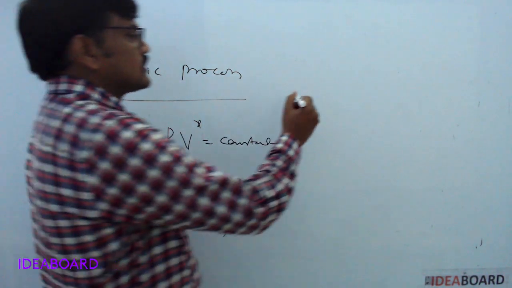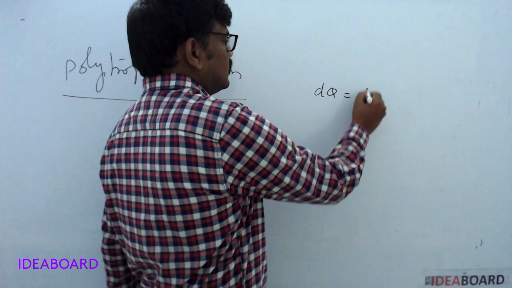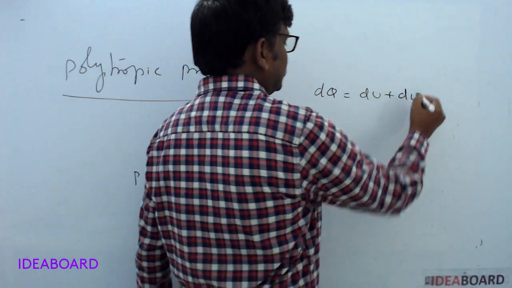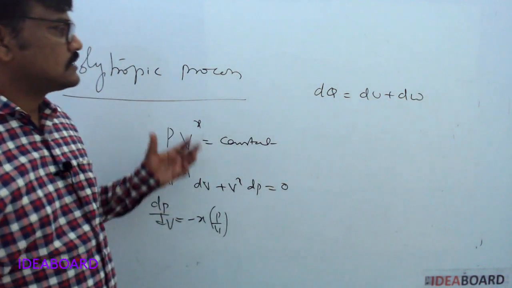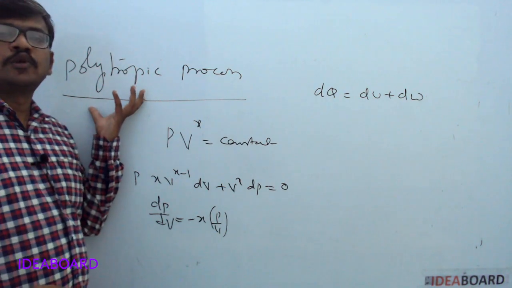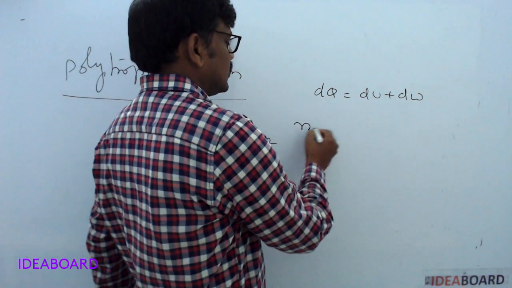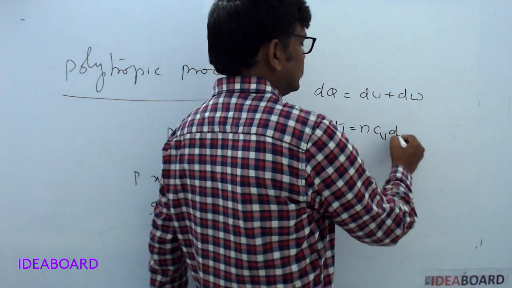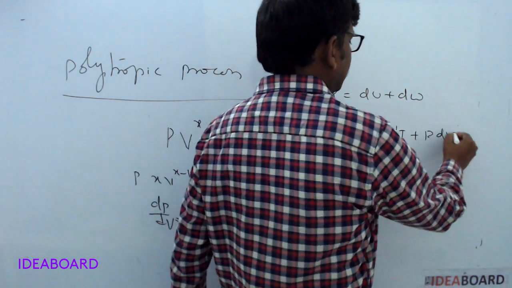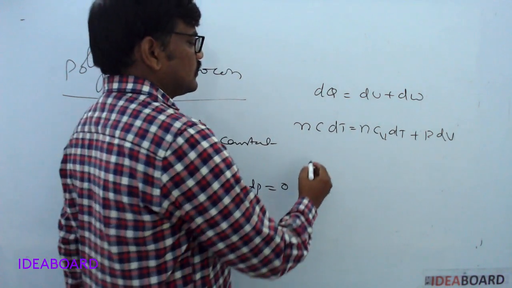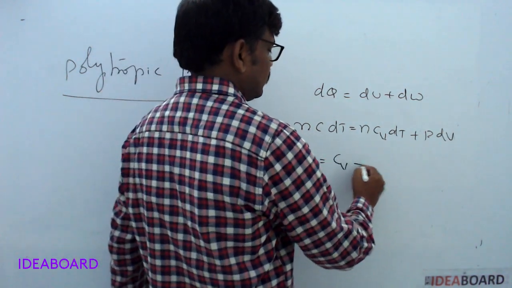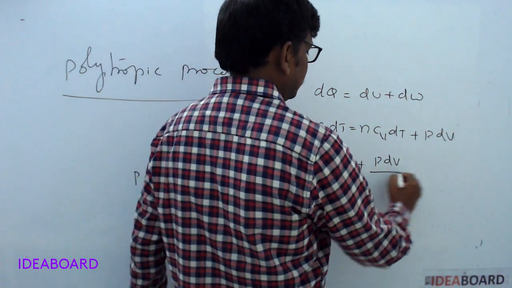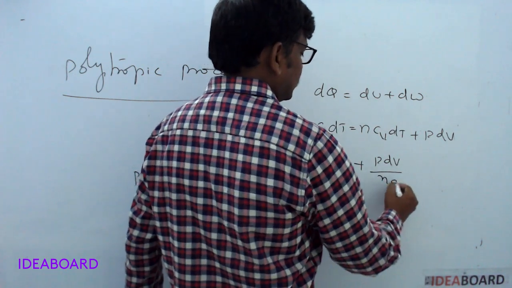Now, according to the first law, dQ equals dU plus dW. We say that C is the specific heat of this polytropic process. Therefore, n C dT equals dU, means n Cv dT, and dW means P dV. Therefore, C equals Cv plus P dV by n dT.